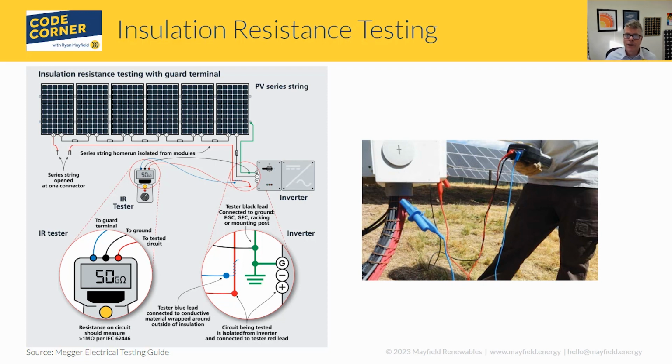In brand new installations, you should be seeing very, very large resistance values. Over time, when you're maintaining systems and running these tests over and over again on an annual basis, you may see some degradation of those conductors, and using something like a guard terminal will help identify if it's really the insulation that's poor, or if there's just a lot of dirt and buildup on those conductors.